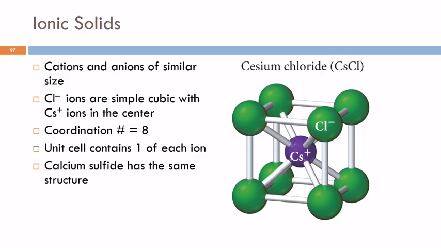And each of these unit cells is going to have one of each ion, one cation and one anion. Calcium sulfide has the same structure. Calcium sulfide is calcium 2+ ions and sulfide ions. So again, we have a 1-to-1 ratio of cation to anion, and those two ions are similar in size. So they can pack together in this way.